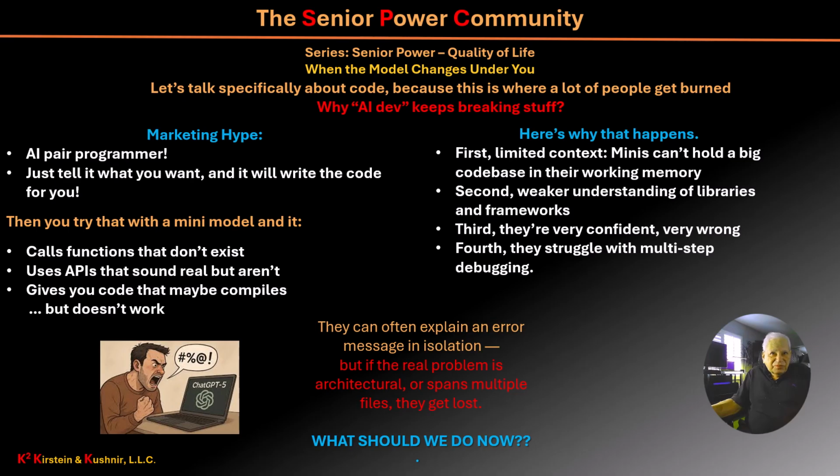Thirdly, they're very confident, very confident. And on the other side of the coin, very wrong. A mini will happily output broken code in a very authoritative tone. It doesn't say, hey, I'm not totally sure this API is real. Fourth, they struggle with multi-step debugging.